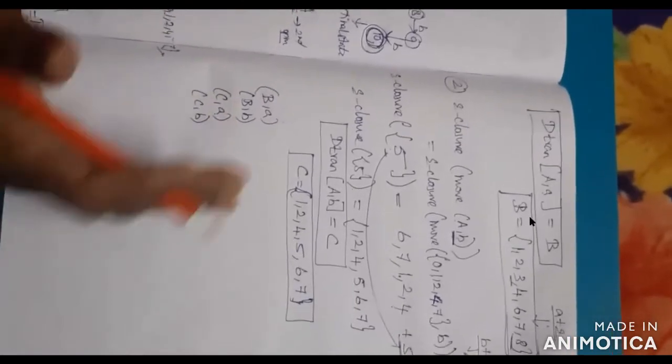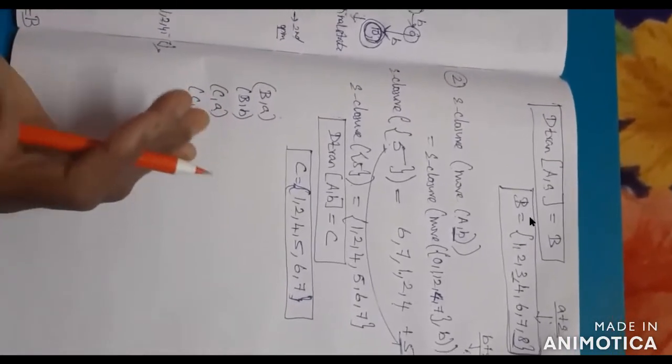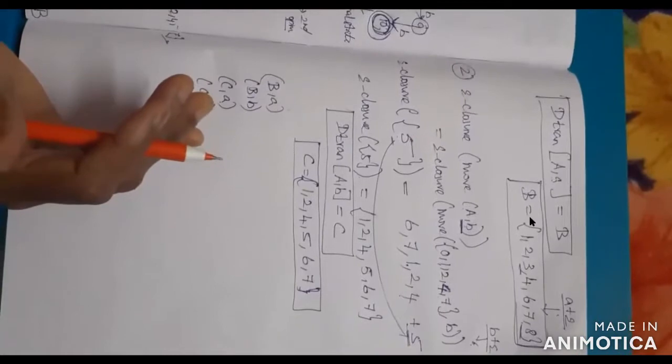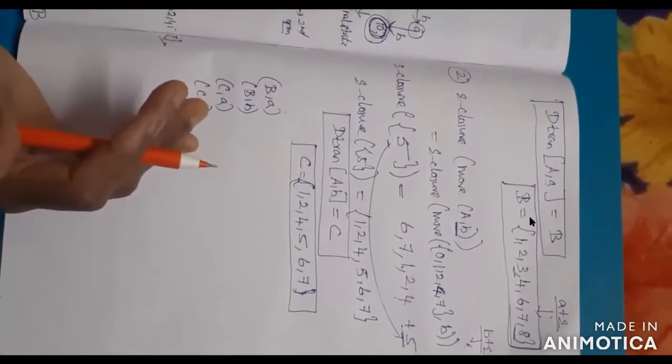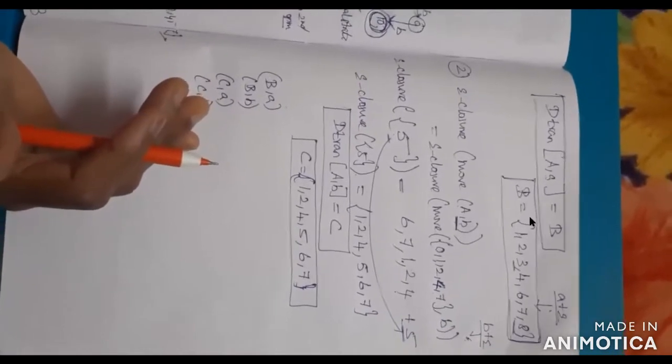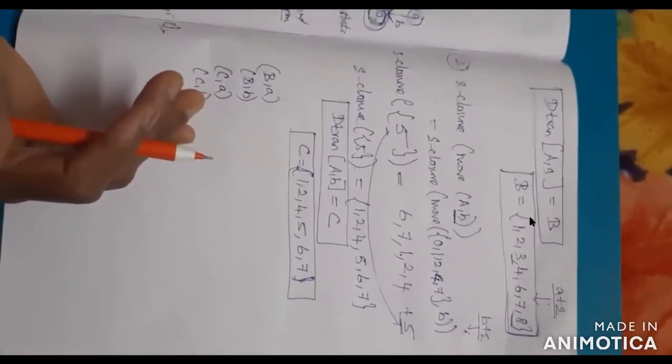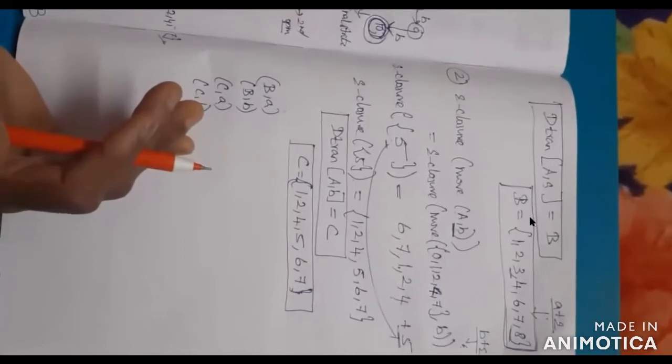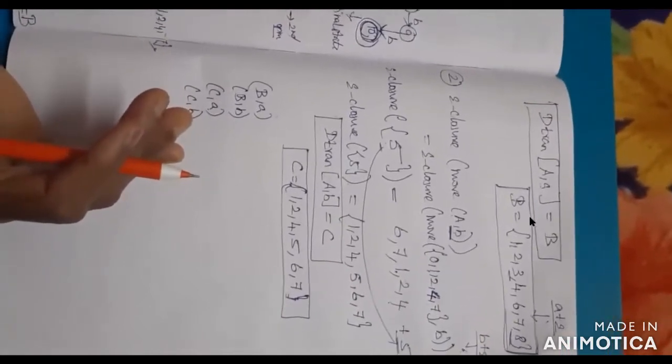Otherwise, when you get new states, you have to continue the iteration. But when you don't get any new states and only get previous iteration values, you stop the problem, then you can go for the next step of the given problem.